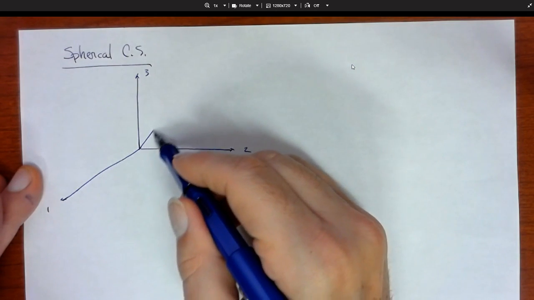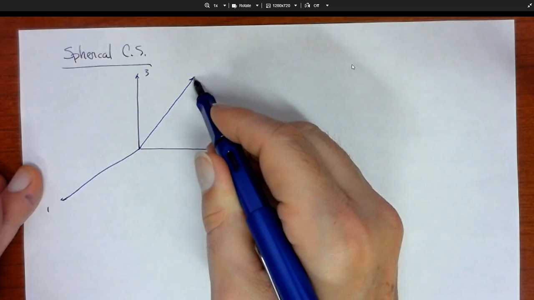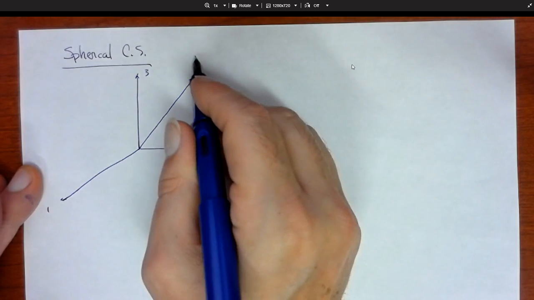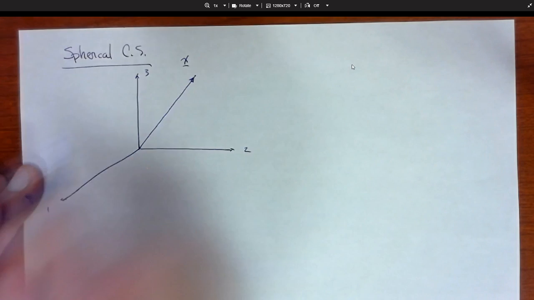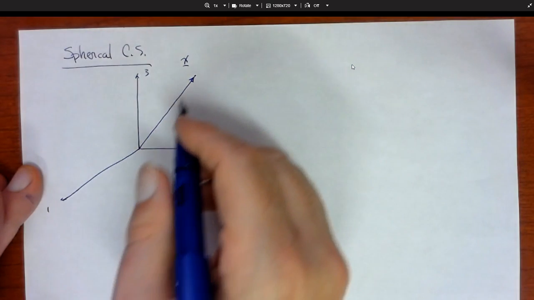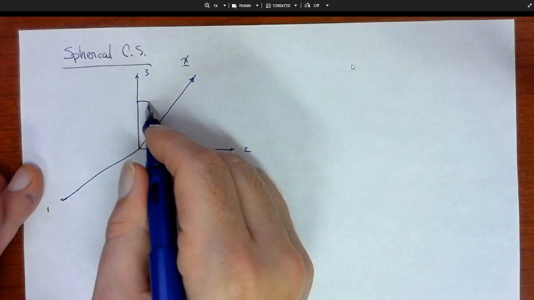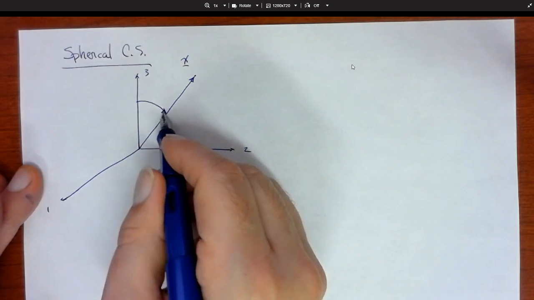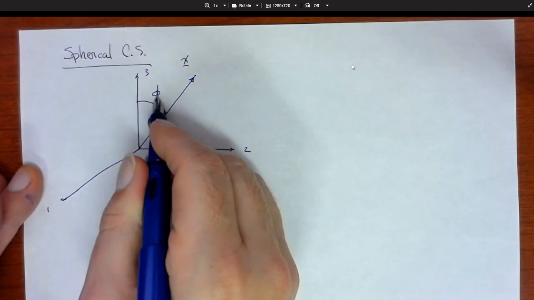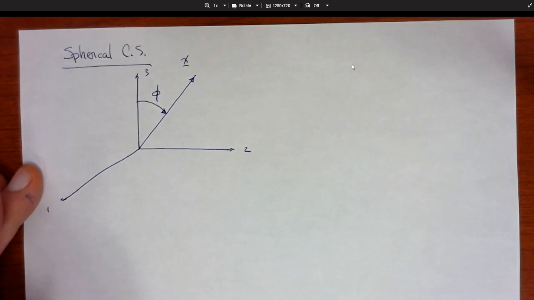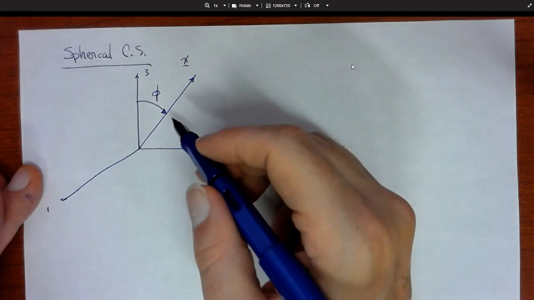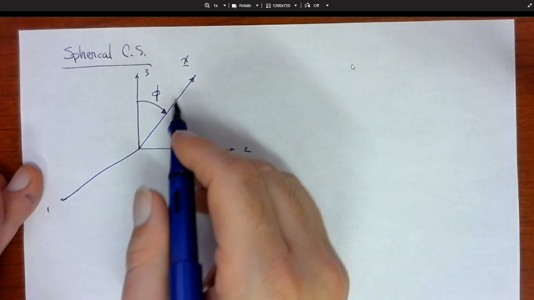So I have a position vector to some point X, right? And the way we do this is we have an azimuth angle here, which we call phi.